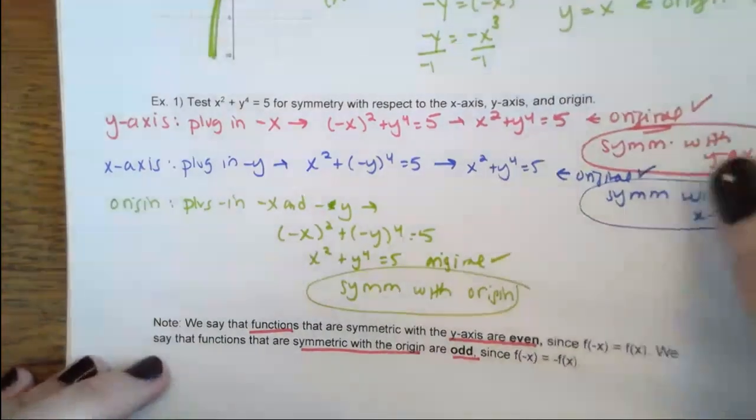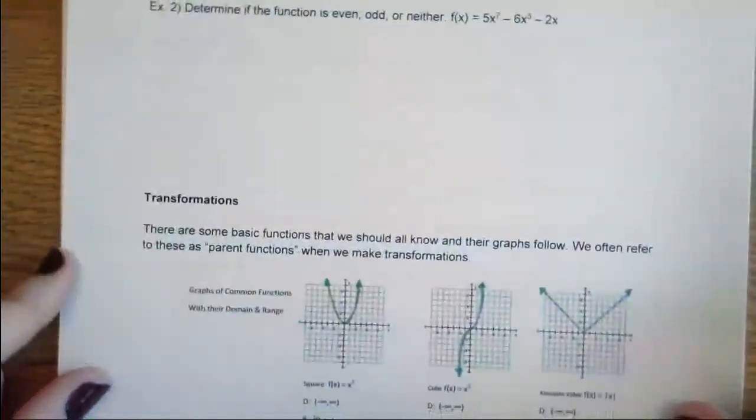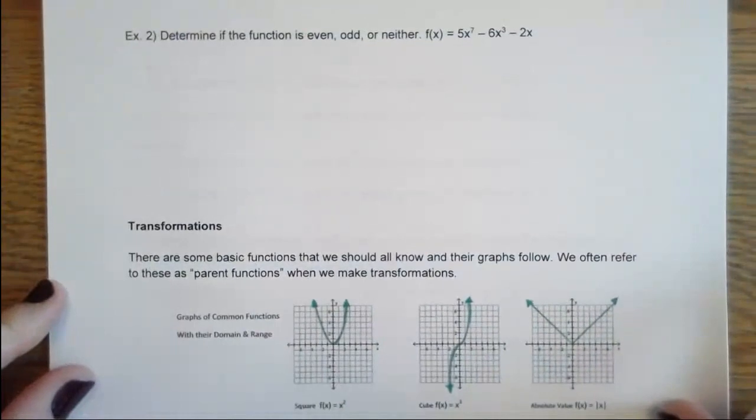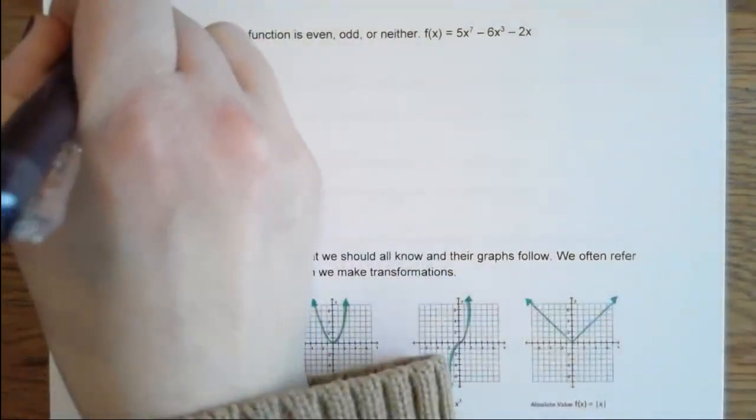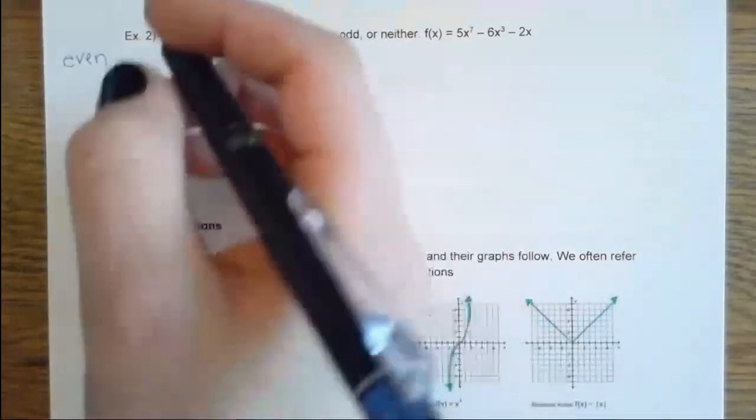So let me show you that notation as well. All right, so we're going to determine if the function is even, odd, or neither here. So if a function is even, how are we going to test for even?